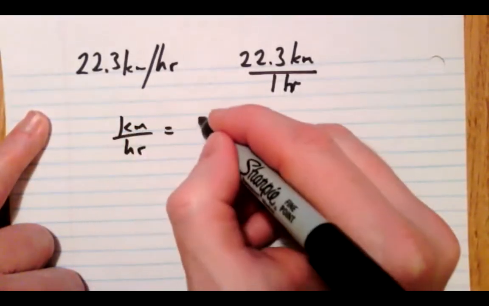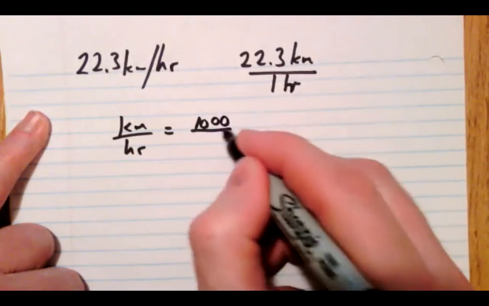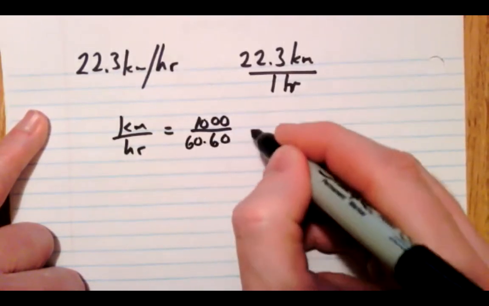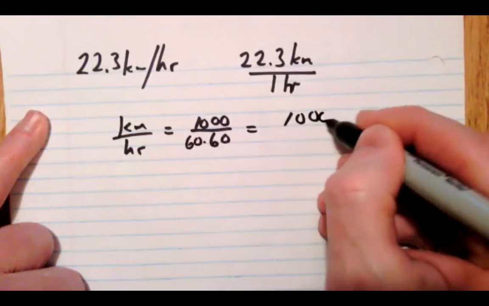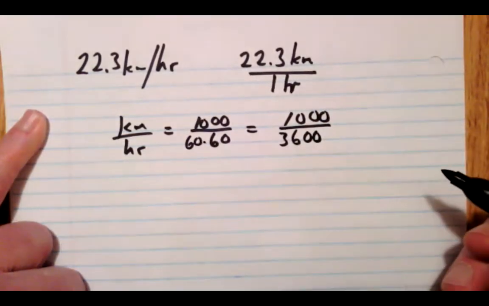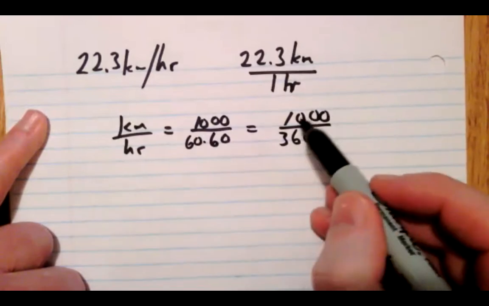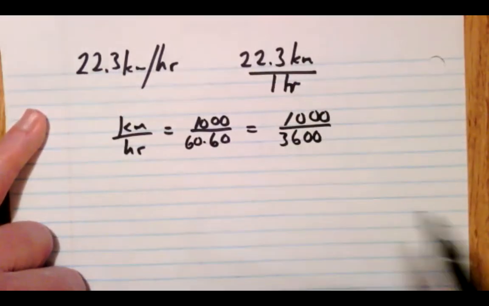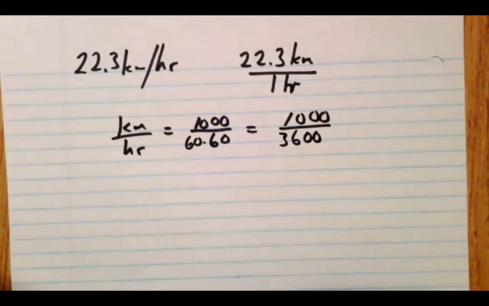Think of it this way: a kilometer is 1,000 meters. 1 hour is 60 minutes times 60 seconds. So it's 1,000 over 3,600. So 22.3 would be 22.3 times 1,000 divided by 3,600.